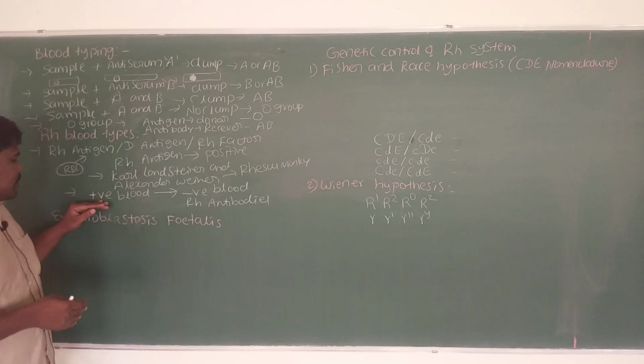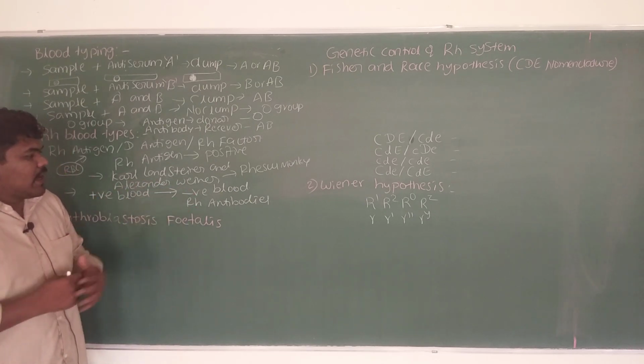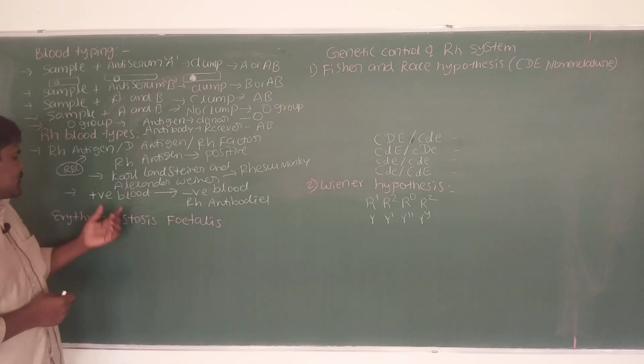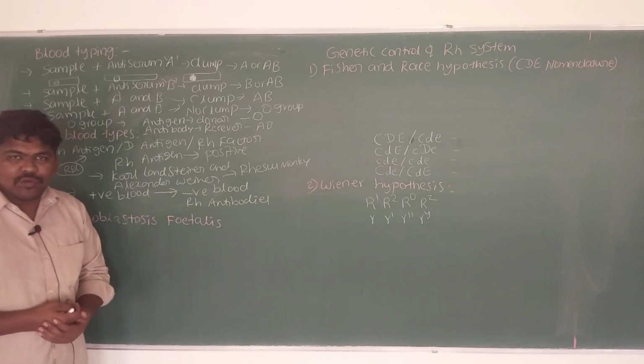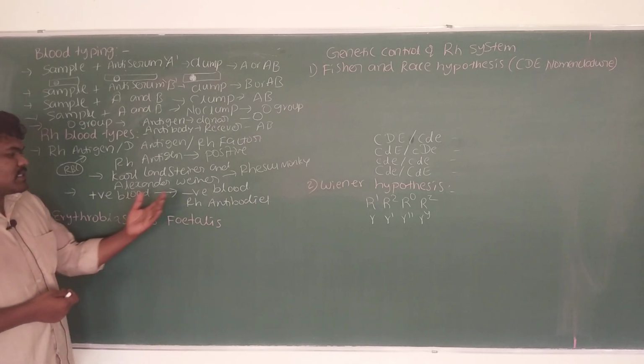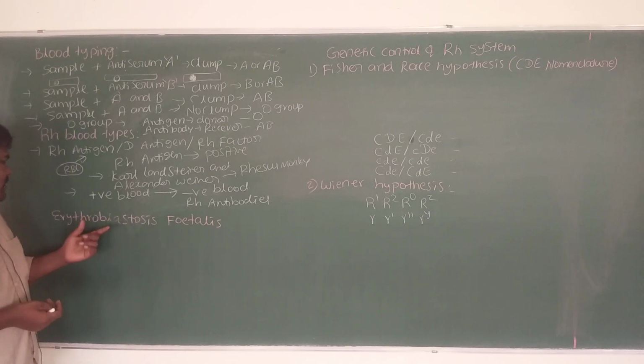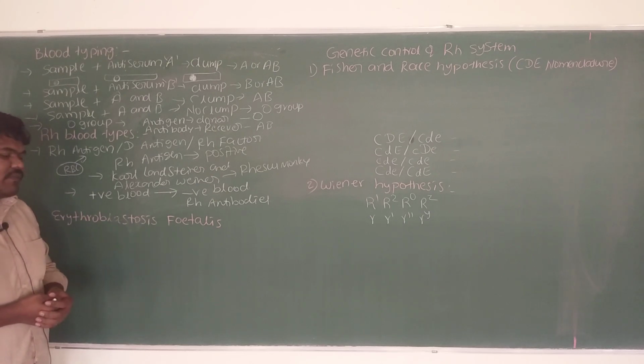When we transfer positive blood into negative blood, in that condition Rh antibodies are produced by the negative blood. Then because of the production of antibodies, we can see the formation of one disease, called erythroblastosis fetalis.